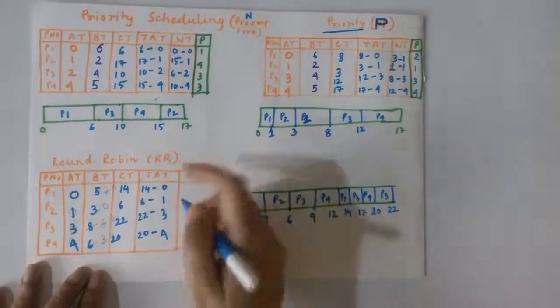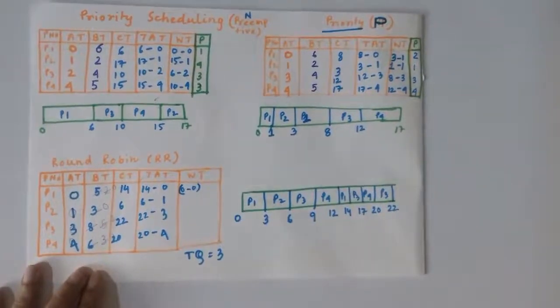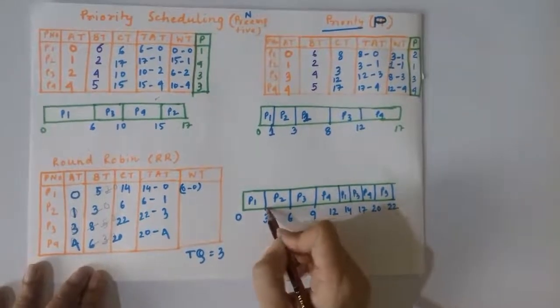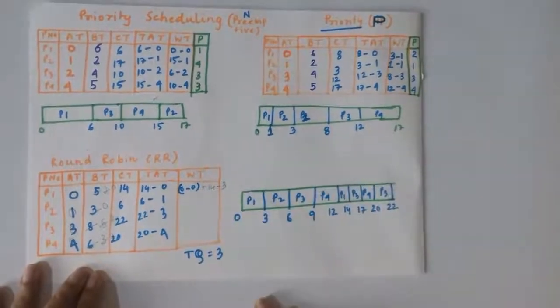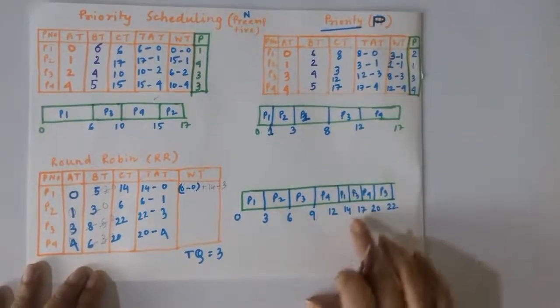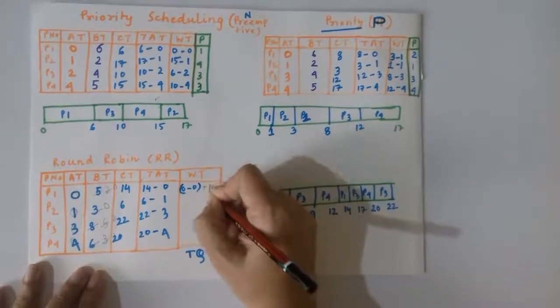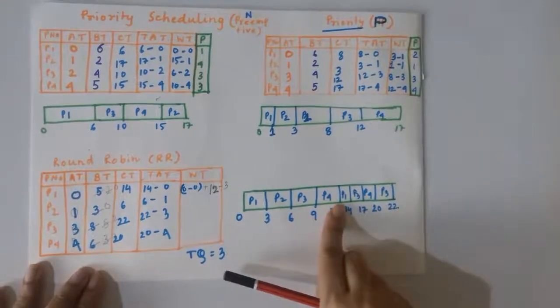So what is the waiting time for P1? For the first time it will be 0 minus 0. For the second time it will be how much? 14 minus 3. Okay, for P1 it is 12 minus 3. At 12 it has started execution.